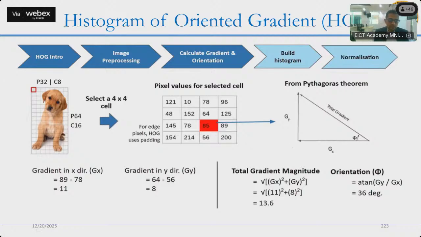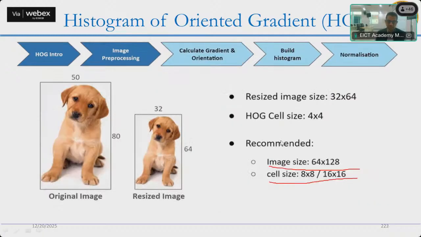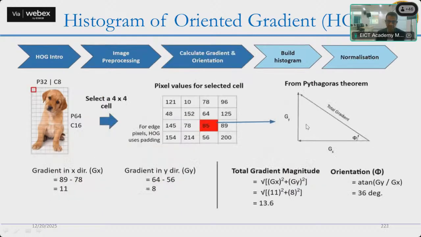So, for example, now see when this dog is there, what you are seeing here is that it has been divided into a number of blocks, right? When it is divided into the number of blocks, it has been shown here. What is this? This is a 4 by 4 block. This is the HOG cell size 4 by 4.